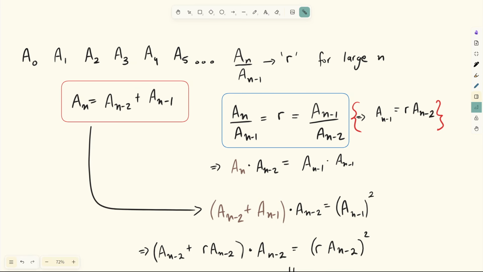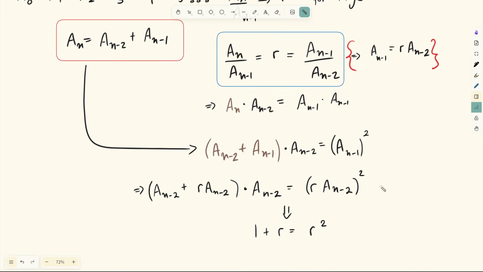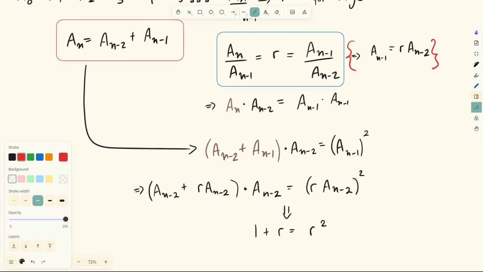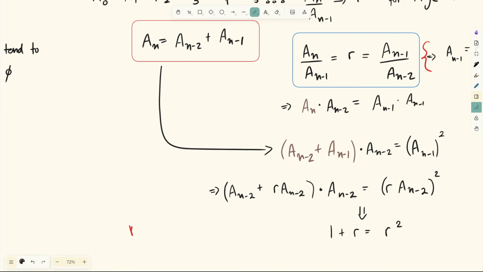Right, so you get an equation in a_(n-2) and R. And it turns out that you can cancel all these a_(n-2)'s, and you get an equation in just R, right? And if you want to write it in standard form, you just get that R squared minus R minus 1 is equal to 0.